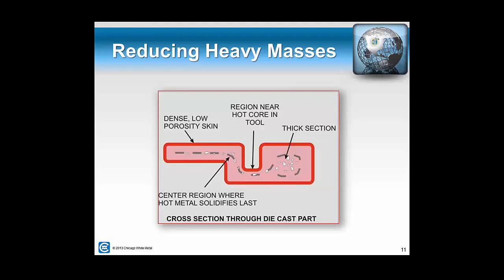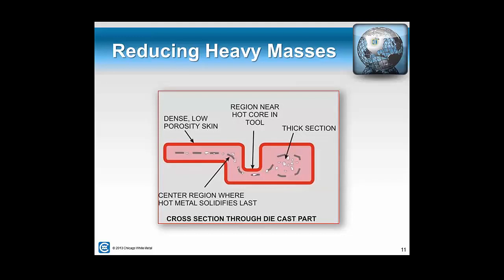The key is to try to minimize it and minimize where it is in specific parts of your component. Here you can see on the right section, this is what's called out as a thick section. This will take much longer to solidify and cool than the other sections of the part will. So you'll have the potential for more shrinkage porosity in that area.